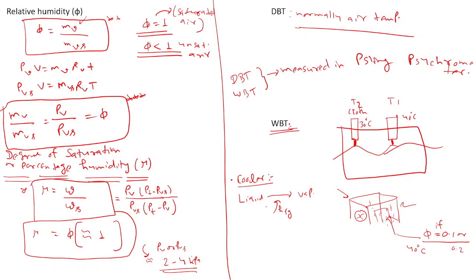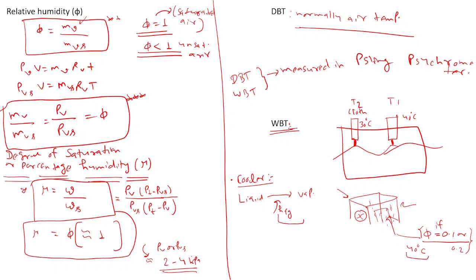The air is able to absorb more water vapor because its relative humidity is very low, but liquid first converts to vapor, then only it can be absorbed. For that conversion this much energy is needed, and this energy would be given by this air.